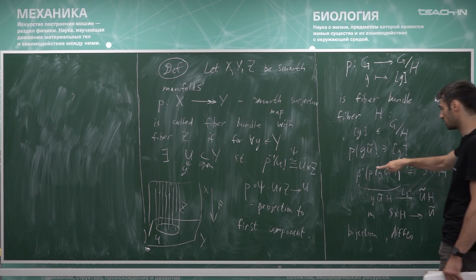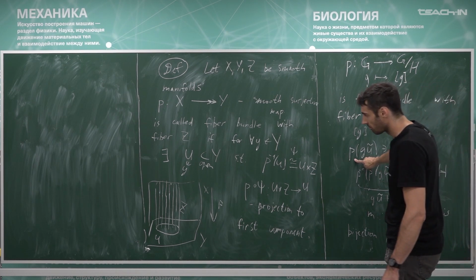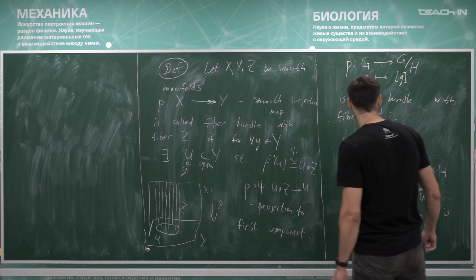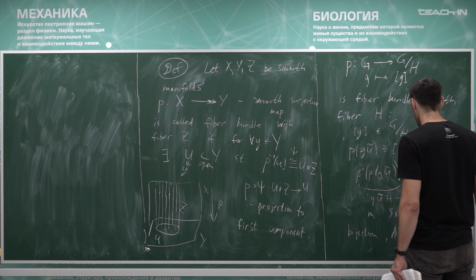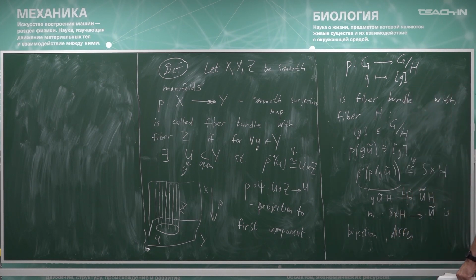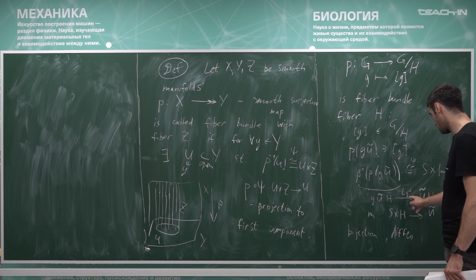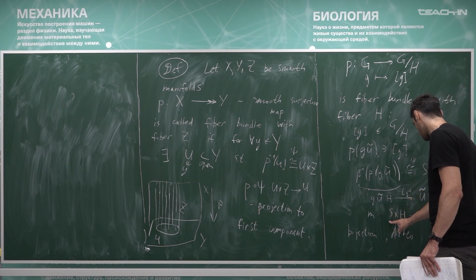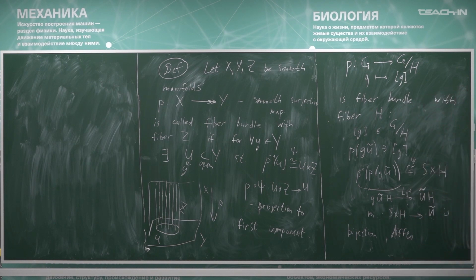Why? Because this is our U in here, and this is diffeomorphic, by taking M inverse and left translation by G inverse, to S times H. And we're using that M, S times H to U tilde, is a diffeomorphism.